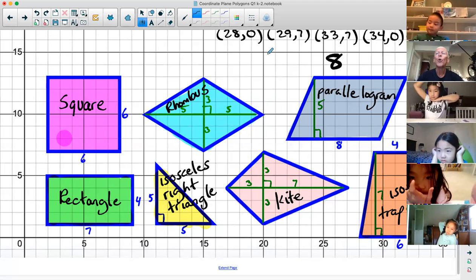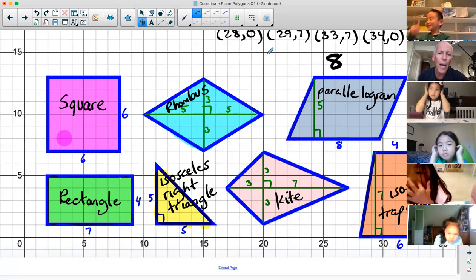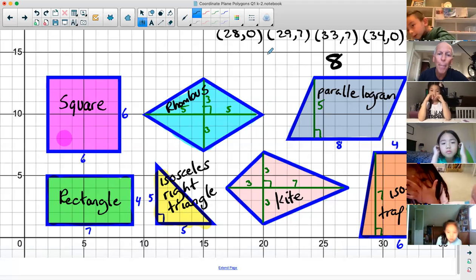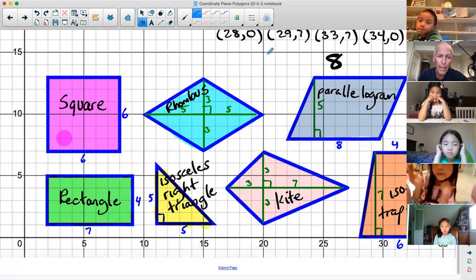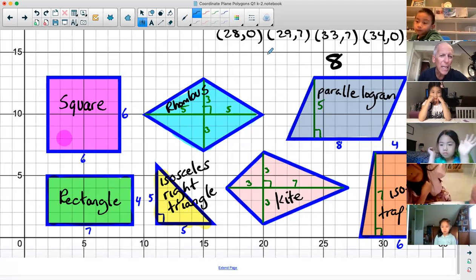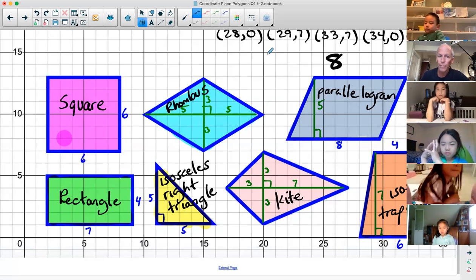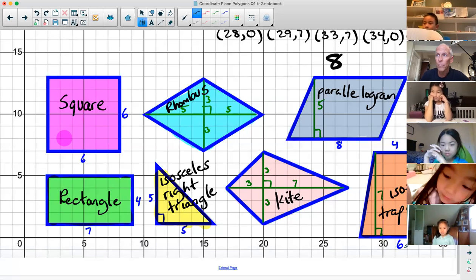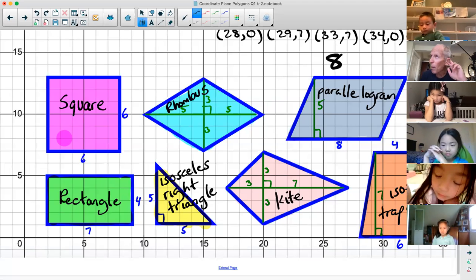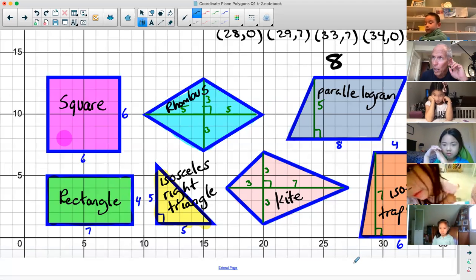Now, who can name the isosceles trapezoid? The isosceles trapezoid is the hardest one we've done so far. I'm going to start with Stella, and then Valerie, you're going to help her out. Go for it, Stella. 6 by 7.